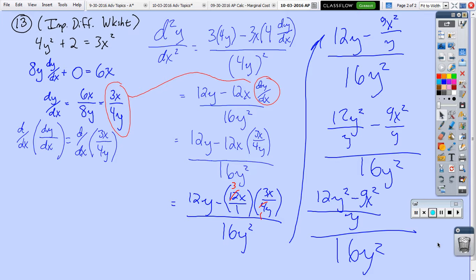That came from me wanting to combine these as one fraction. This is like 12y over 1, so the least common denominator of these two is y. I multiplied the top and the bottom by y to get 12y squared over y, so I can put them together as one. So what's the next step if we don't want the fraction?